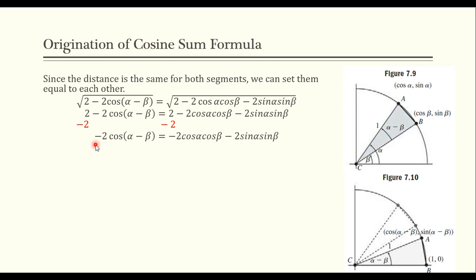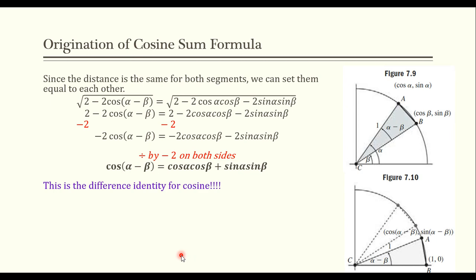I notice that there's a negative 2 right here and negative 2 in two different spots. So if I divide by negative 2 on both sides, that's going to free up some space, isn't it? The result is I get cosine of (alpha minus beta) on the left equals, divided by negative 2, cosine alpha cosine beta. This becomes a plus sign because negative divided by a negative is positive, sine alpha sine beta.